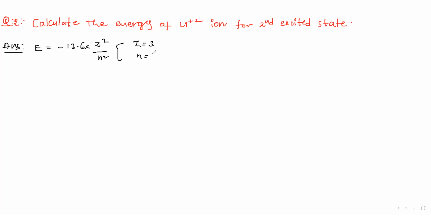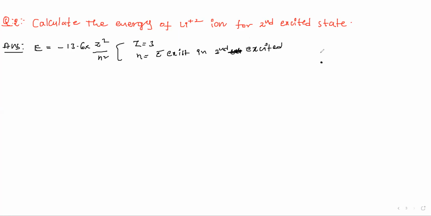Can you guess the N value? Second excited means simple.